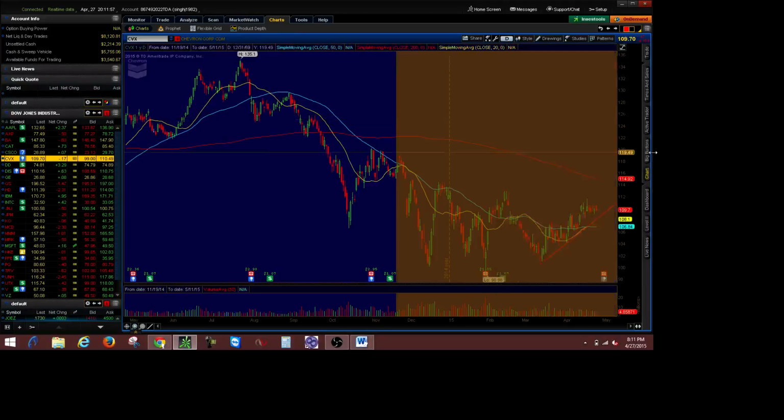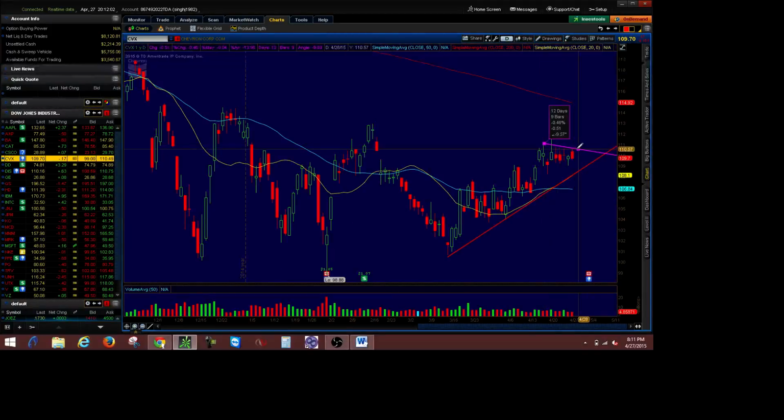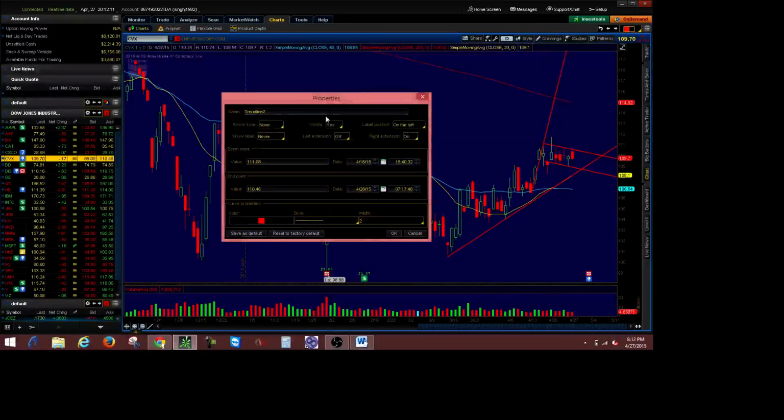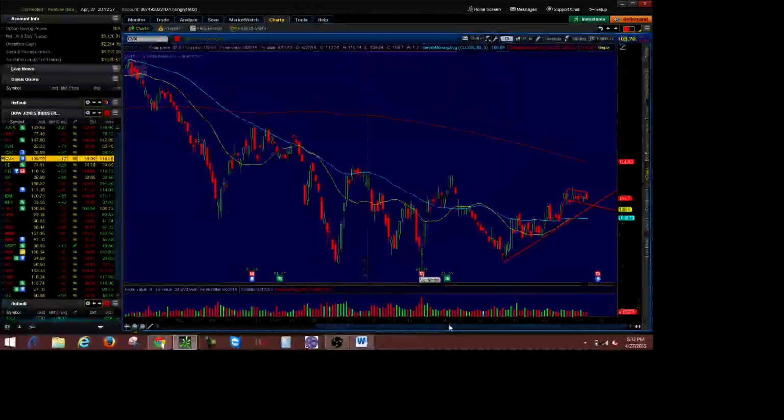So you see somewhat of a flag in here, and let's see if it has another push up to the upside. Oops, got the wrong one. Okay, so you have somewhat of a flaggy pattern and a possible bounce out of here to retest this area.